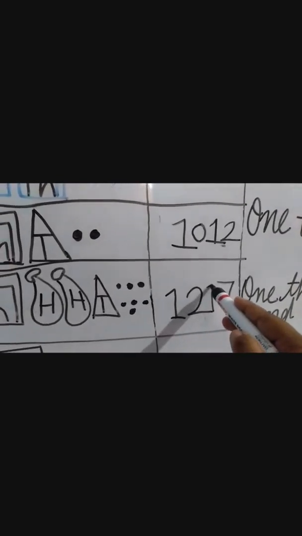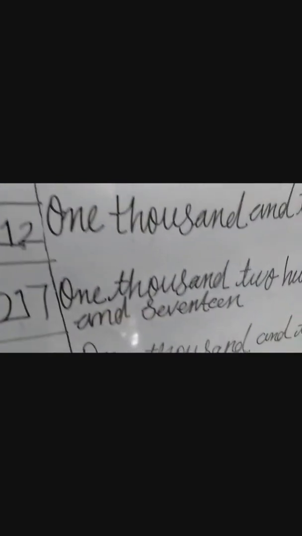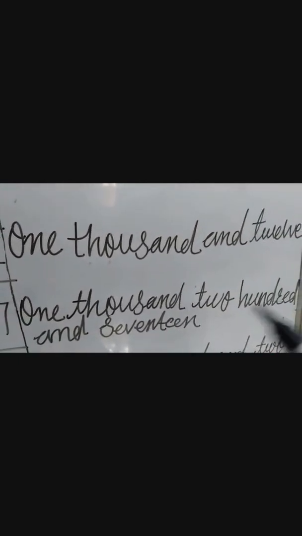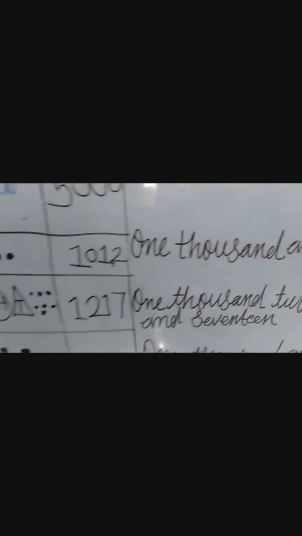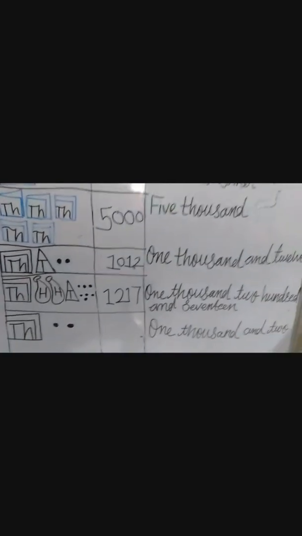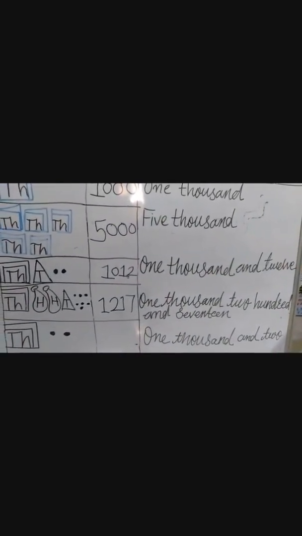Okay. Now how will you read this? See, student. 1217. Now see this last one. What is this? This is units. Only one ones symbol, this one and this one, so 2 units.